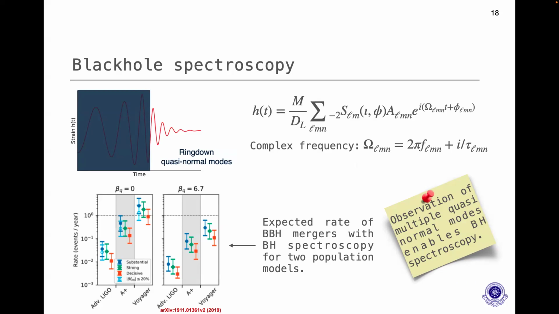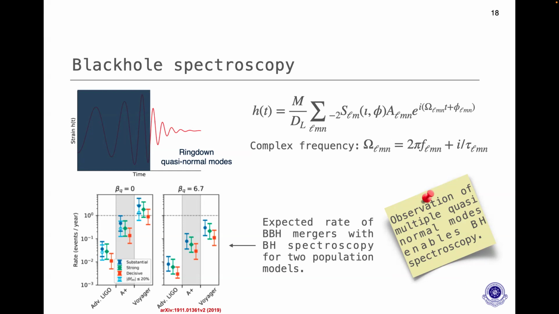It is modeled with linear black hole perturbation theory, and you can write the waveform as a sum over simple damped sinusoids. The radiation pattern goes as the spheroidal harmonics. The gravitational waveform is a sum over all the quasi-normal modes, and every quasi-normal mode is denoted by three numbers, L, M, and N.